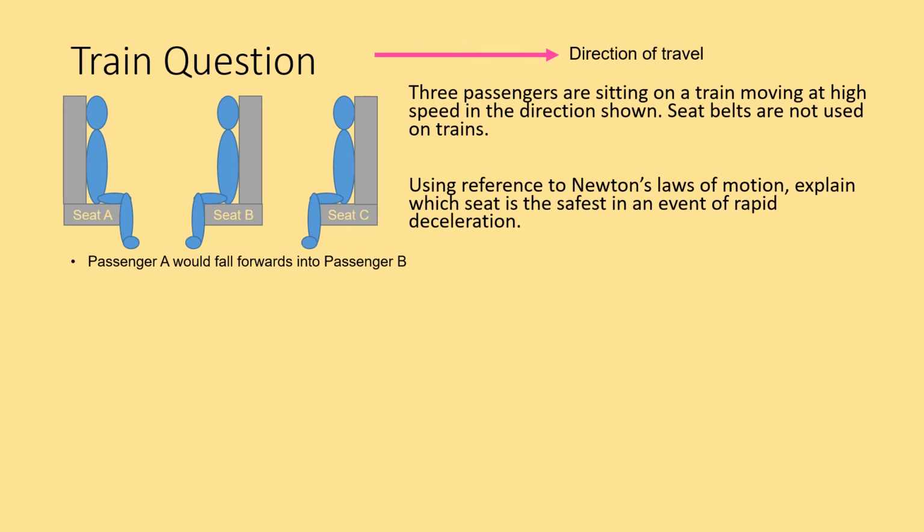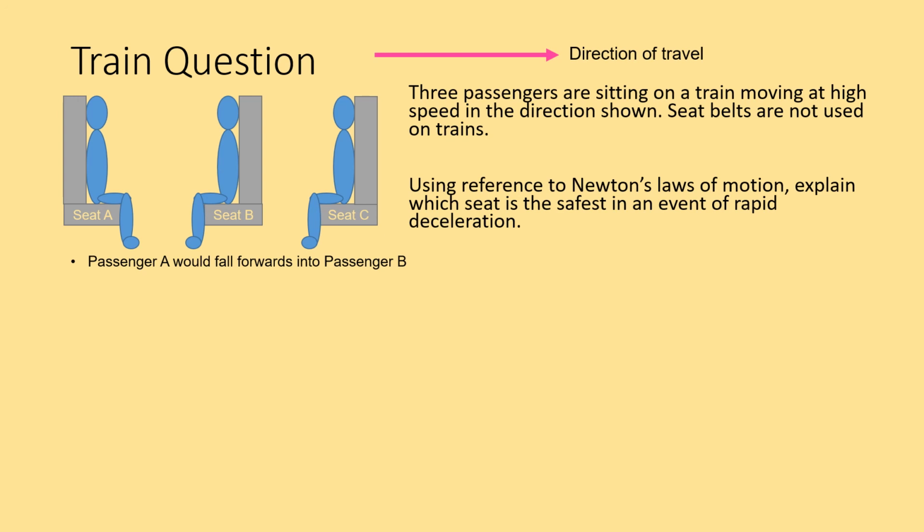Okay, so using Newton's laws of motion, passenger A is going to carry on. Newton's first law says that an object at rest remains at rest unless acted on by an external force, but this passenger is not at rest. He is traveling at high speed on the train.